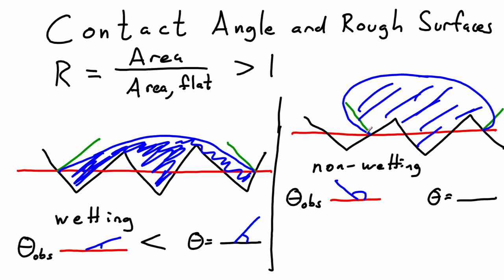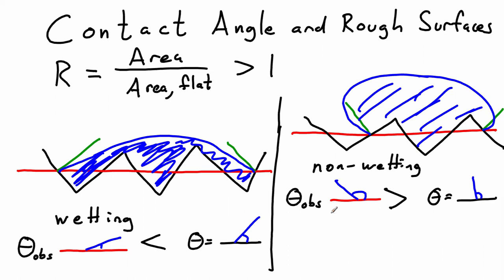And look at the angle, we can see it's only a little bit more than 90. So we can see in this case that theta observed is going to be greater than theta actual. So the contact angle actually increased. It became more non-wetting when we roughened.